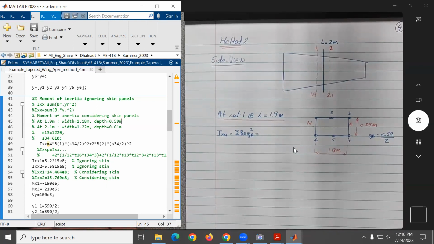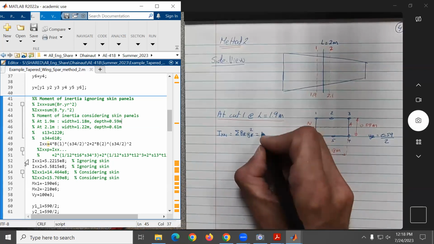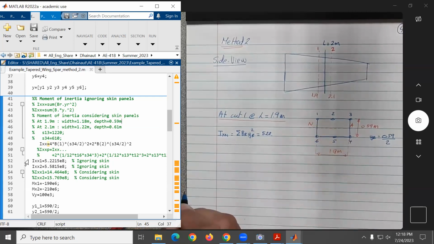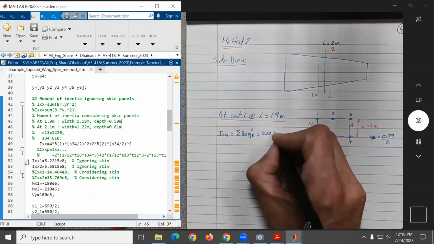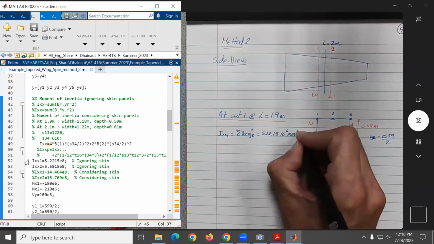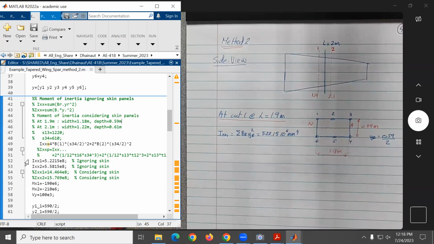So if you do this, probably you see here what I did. I just kept changing here the values for Ix1, Ix2 with these values. You will find that Ixx1 will be equal to 522.15 times 10 to the 6 millimeter to the 4.